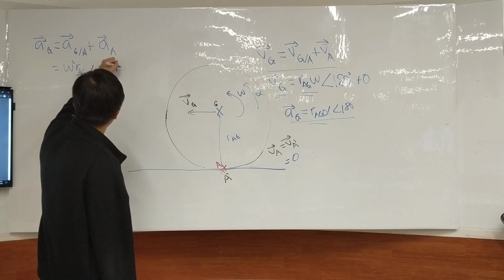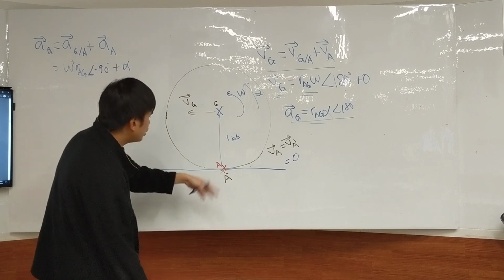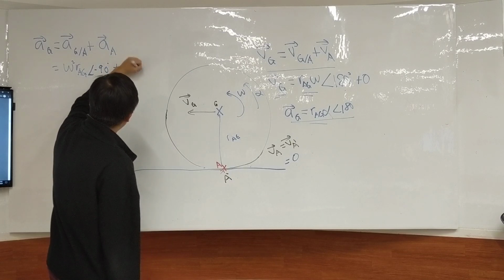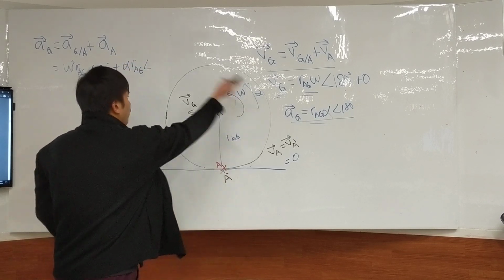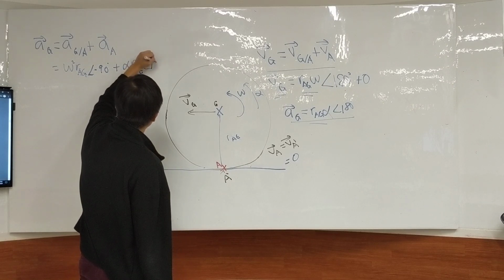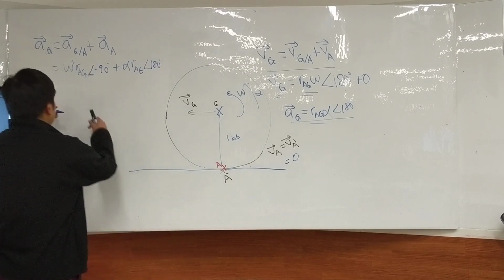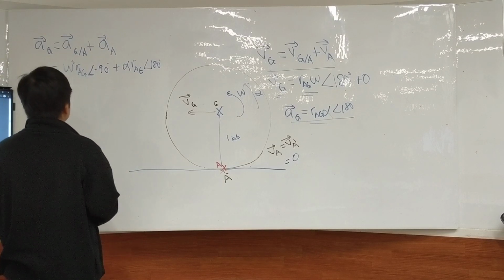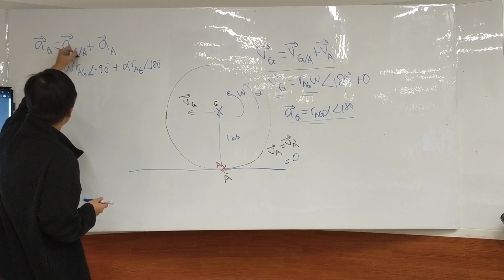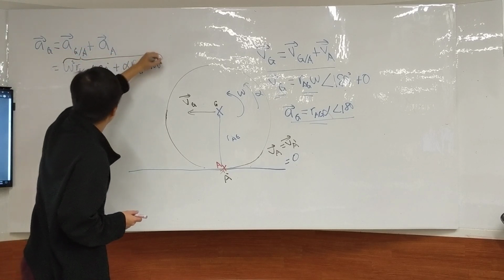Now, plus the tangential acceleration of G from A's perspective, which is equal to alpha r_AG, in the direction of, assuming alpha is in this direction, 180 degrees. So this is your a_G/A. Okay?